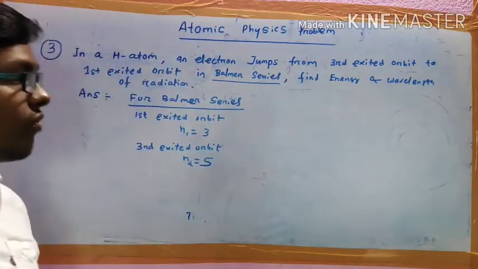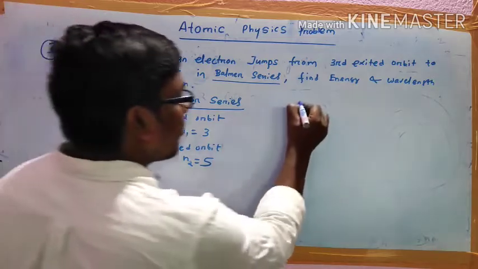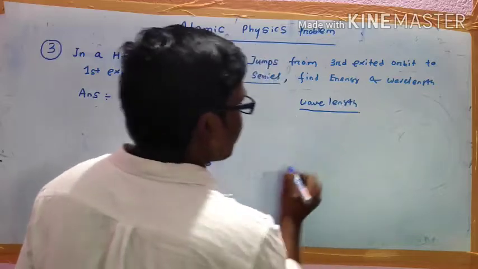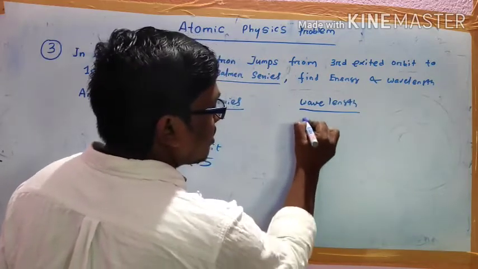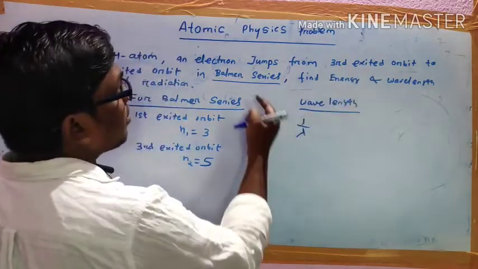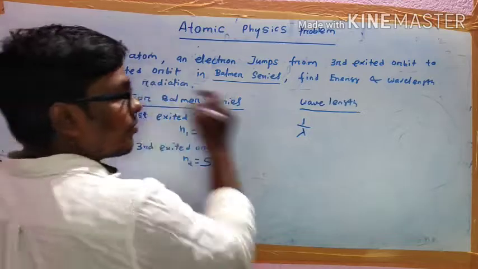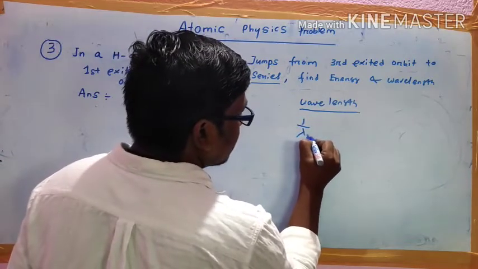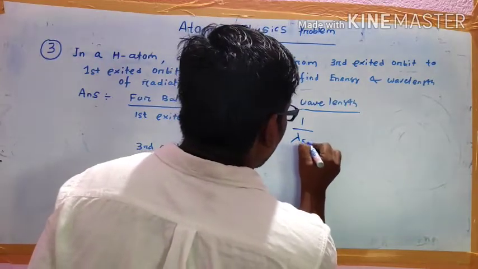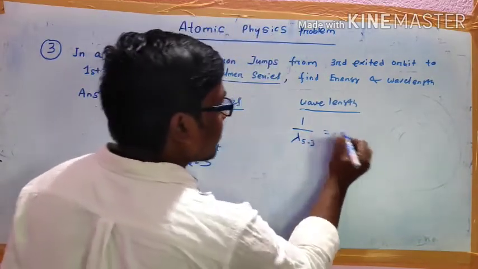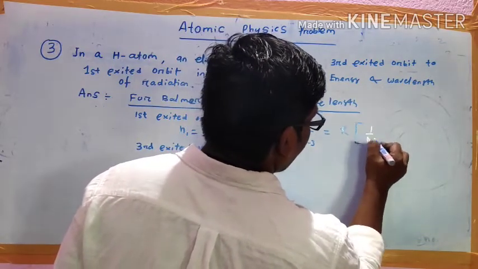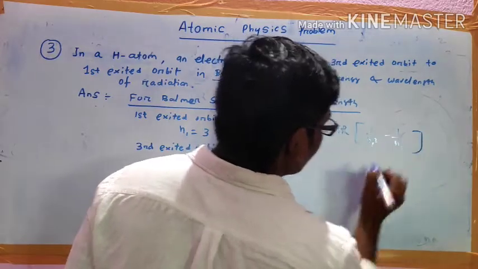We know the equation of wavelength. 1 by lambda, for the electron jumping from the third excited orbit to the first excited orbit, so this is 1 by lambda, 5 to 3. This becomes R into 1 by n1 square minus 1 by n2 square.